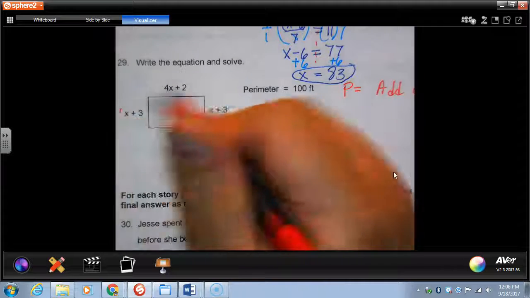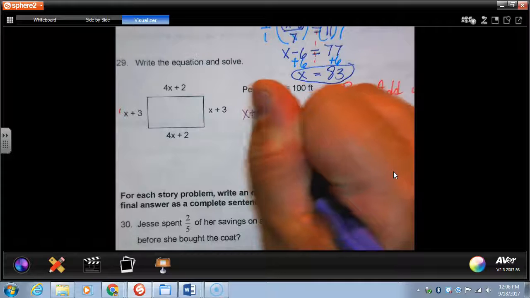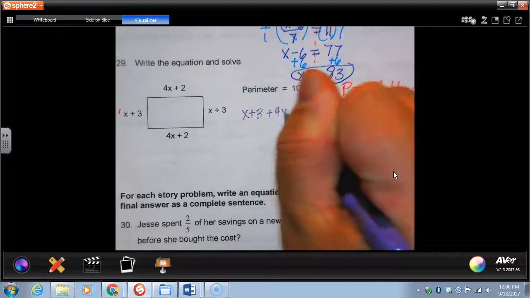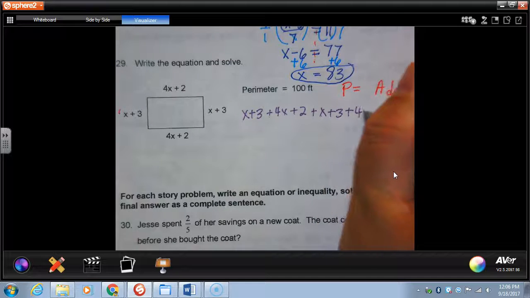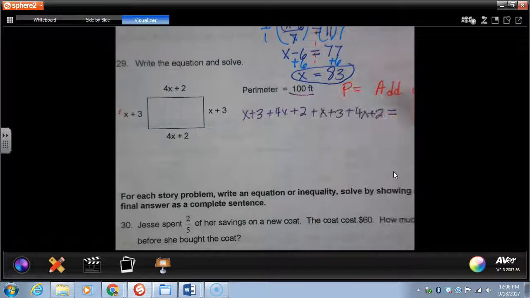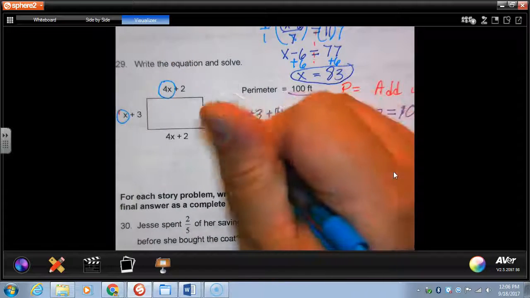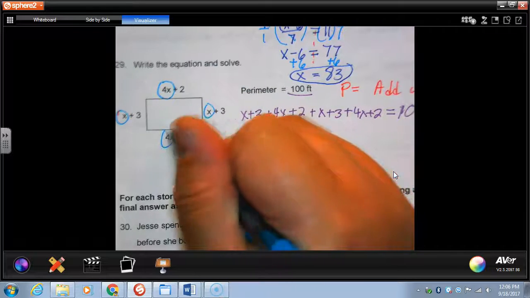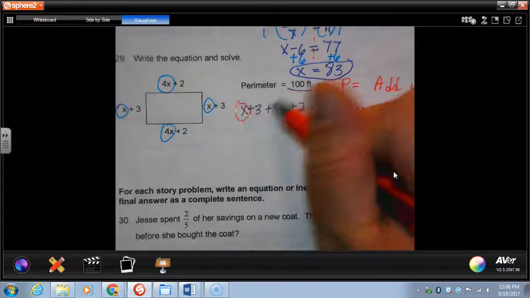Technically it's x plus 3 plus 4x plus 2 plus x plus 3 plus 4x plus 2, and it equals my perimeter, which is 100 feet. It would have been easier if I just combined the terms: 1x plus 4x plus 1x plus 4x is 10x. You're doing the same thing, you're just combining like terms.